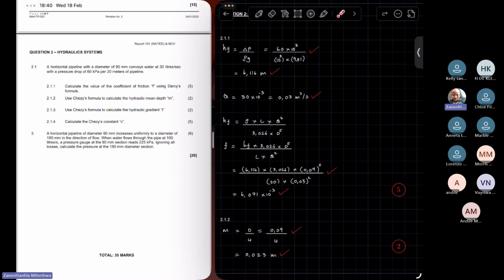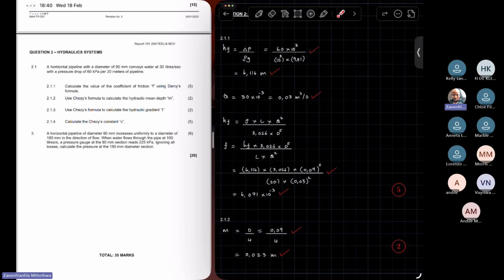Yes, thank you. Right, so I was saying, whichever variation is convenient, we are aware that there are two variations of Darcy's formula. One where you can use Q and one where you can use the velocity. The one that's convenient would be the one where you've been given one of those quantities, between Q and velocity.